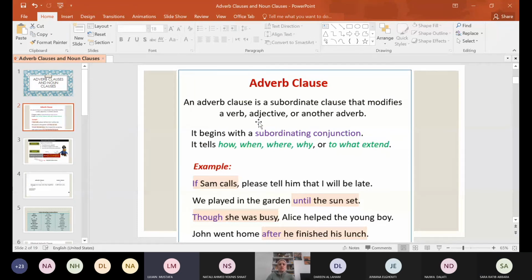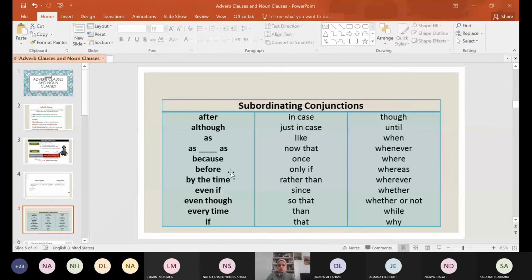An adverb clause is a clause that has a subject and has a verb. It starts with a subordinating conjunction. It answers how, when, where, to what extent. If it comes at the beginning of the sentence, I add a comma.